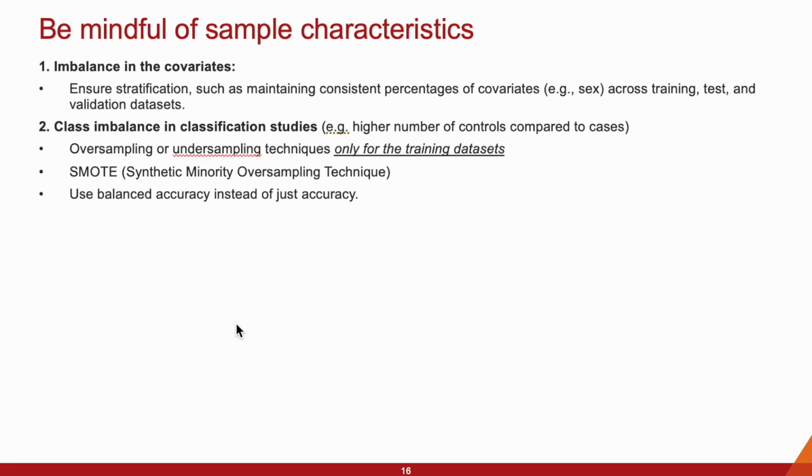If we have more subjects from one class than the other, this imbalance can cause the machine learning technique to favor the majority class, leading to poor predictive performance for the minority class. So our model can tend to classify the majority class better than the minority class.